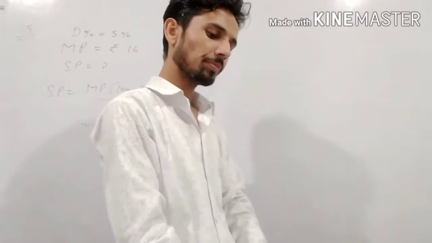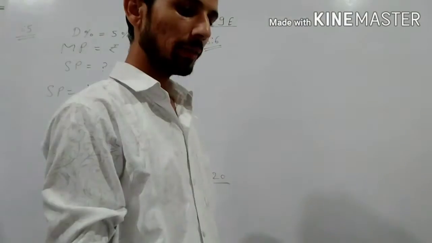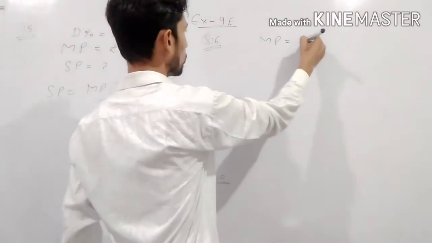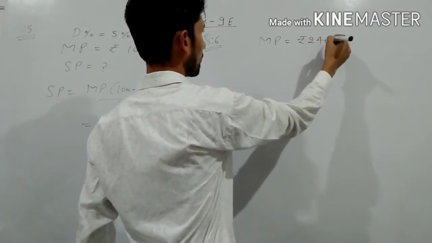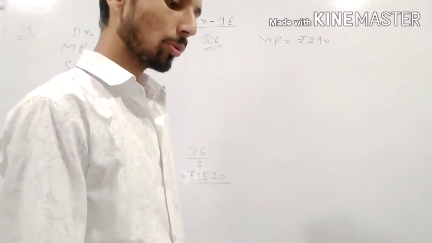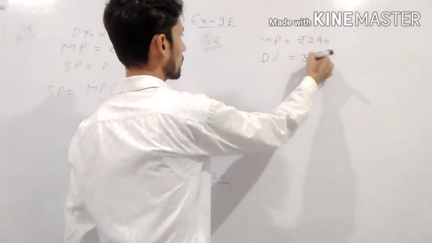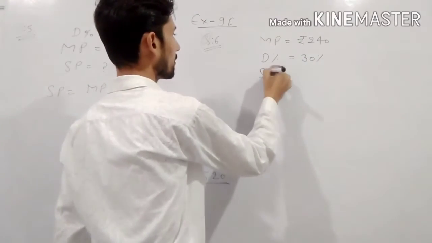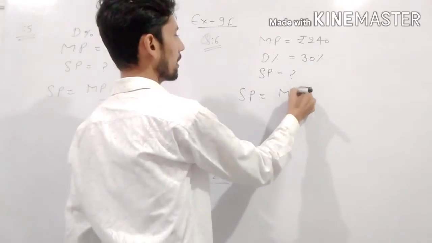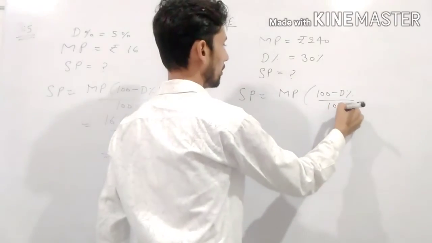Now question number 6. A manufacturer's catalog price of a washing machine is 240, but he allowed a discount of 30%. Discount percent equals 30. So find SP. SP is equal to MP into (100 minus discount percent) over 100.